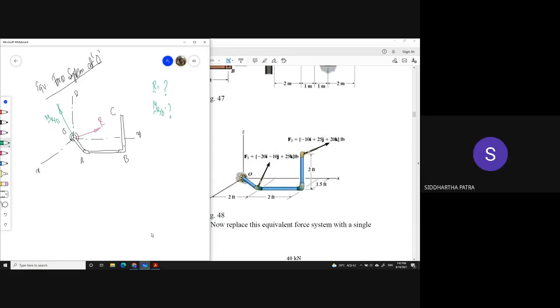Sir, yes, the resultant force is minus 30 i cap plus 15 j cap plus 45 k cap, in pounds.